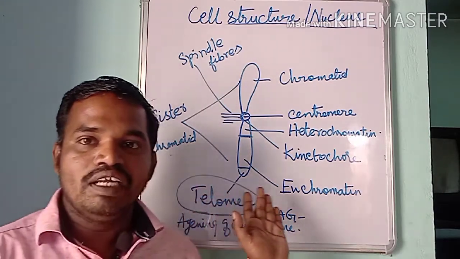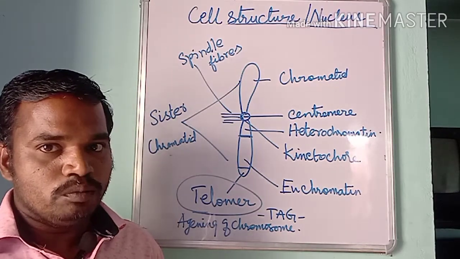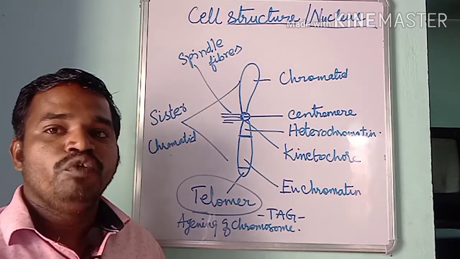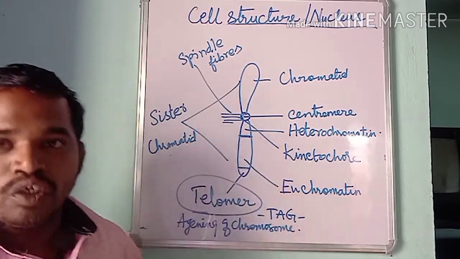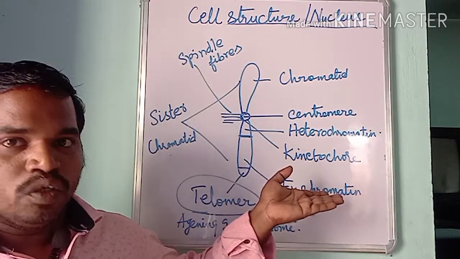Recent studies reveal that telomeres are involved in the aging of chromosomes. The telomere also prevents fusion with other chromosomes.